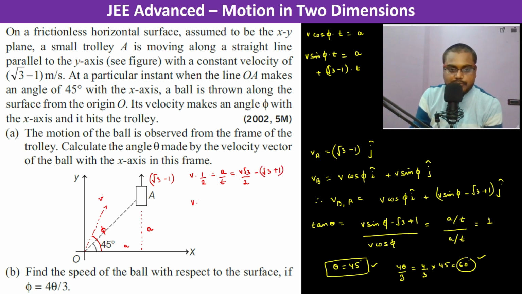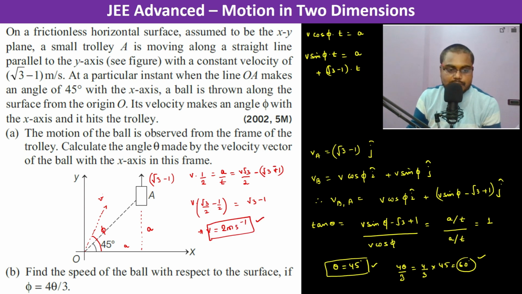So v times root 3 by 2 minus half, sorry, it's minus root 3 minus 1, is equal to root 3 minus 1. So v actually becomes 2 meters per second. The speed of the ball with respect to the surface is 2 meters per second.